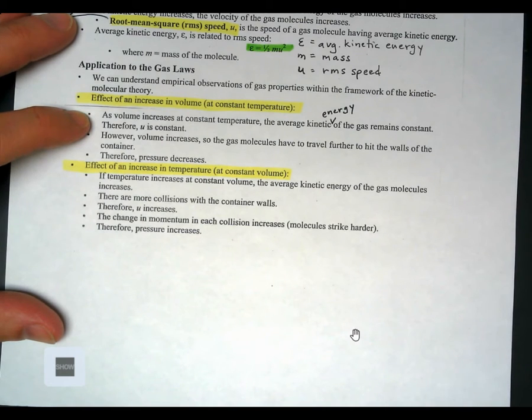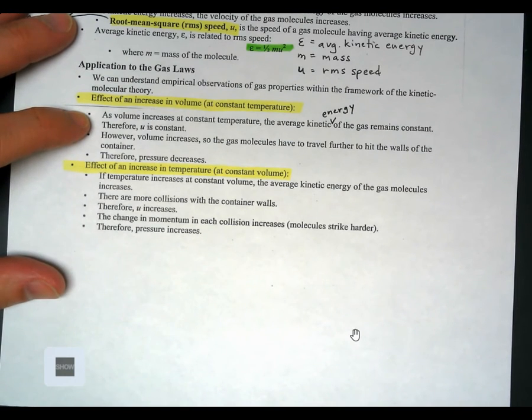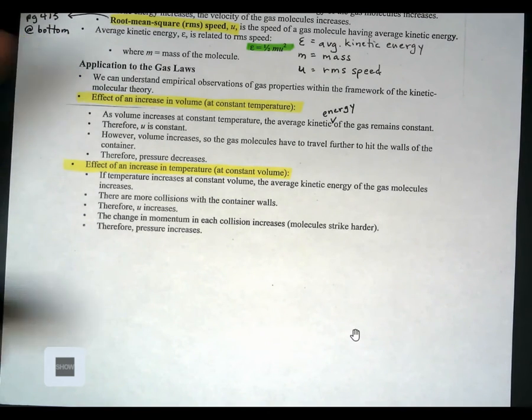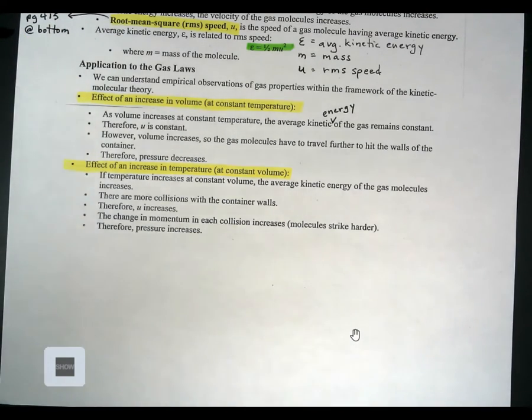So the molecules are hitting the walls more often or less often because what? Because you're changing the amount of space they have to move in, right? Think about if you threw a bunch of bouncy balls into a bucket, all moving the same speed.